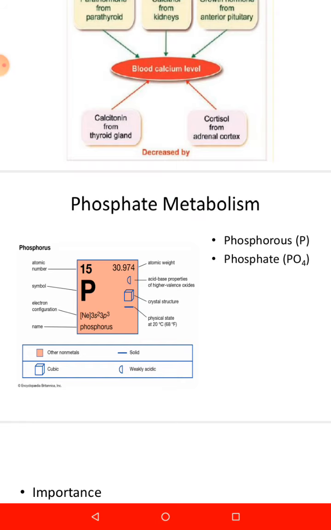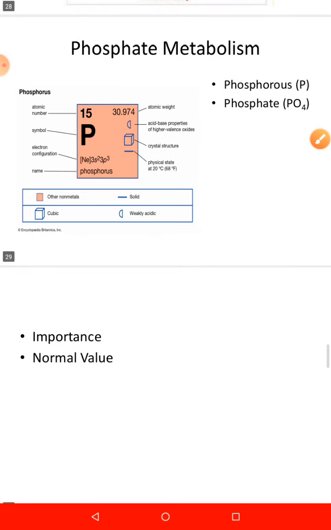So what's the importance? Phosphate is a component of many organic substances like ATP. When you look at adenosine triphosphate, it's made up of the pentose sugar, the phosphates, and the nitrogenous base.